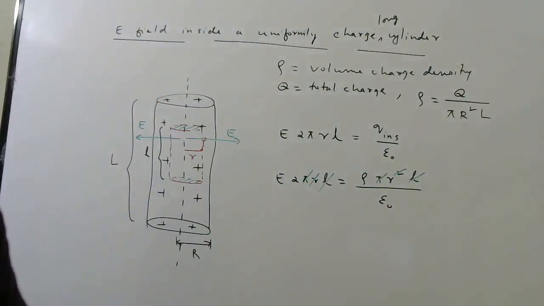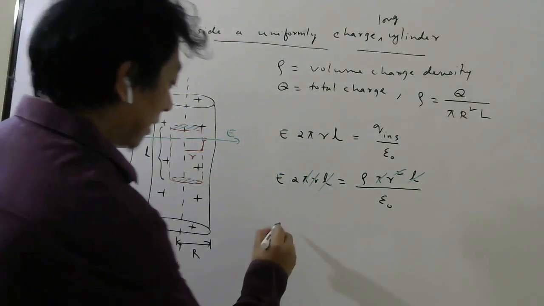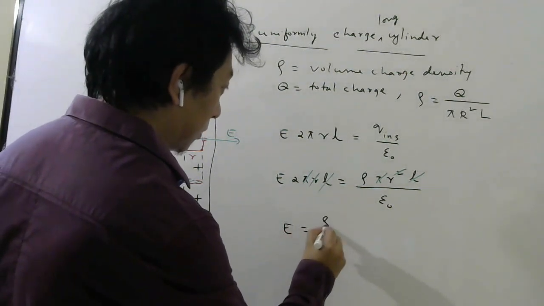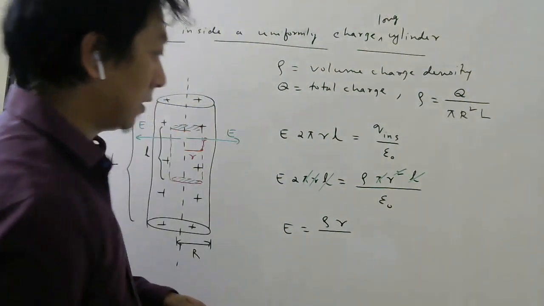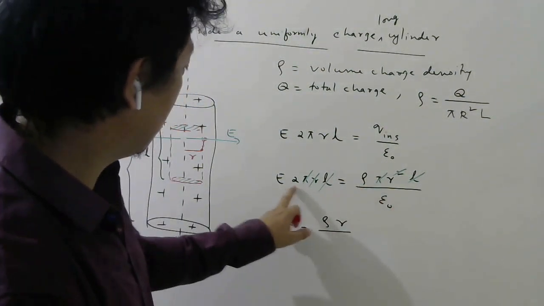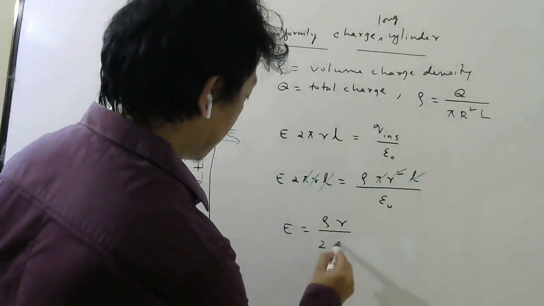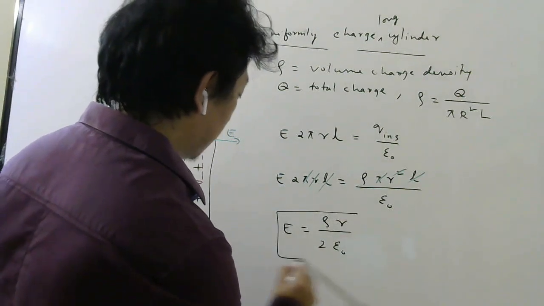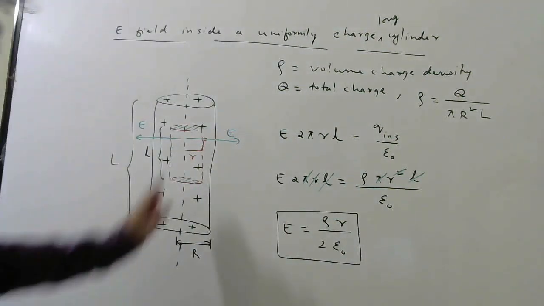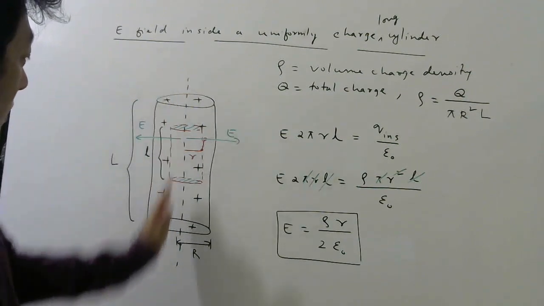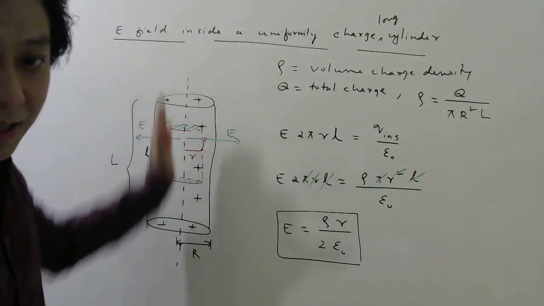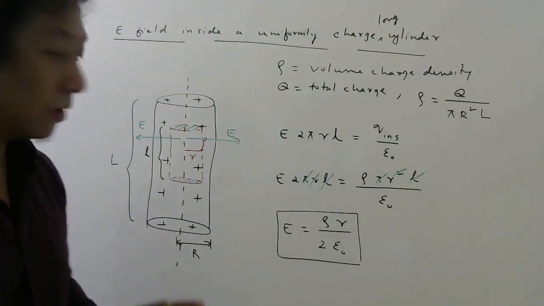So the electric field inside will be rho r divided by 2 epsilon naught. This is the formula for the electric field at a distance r from the axis of the cylinder. Okay, so keep this in mind.